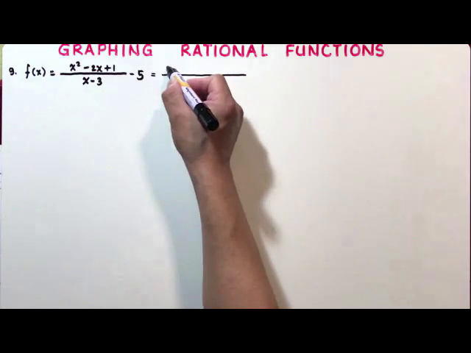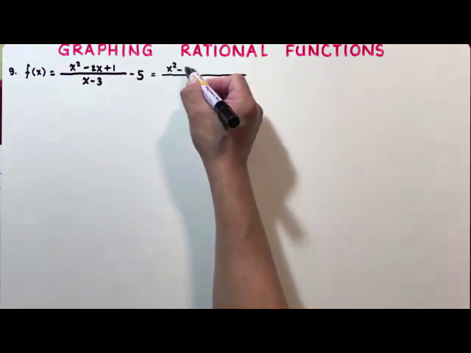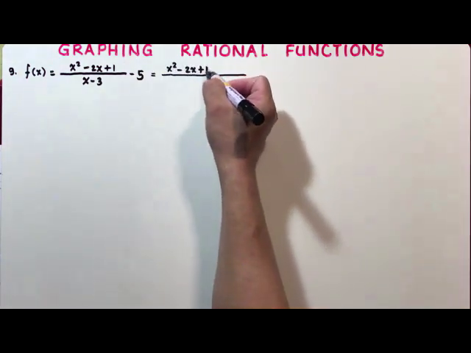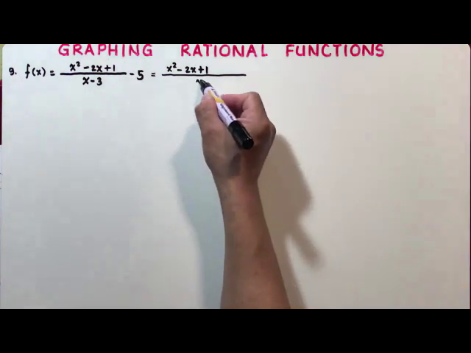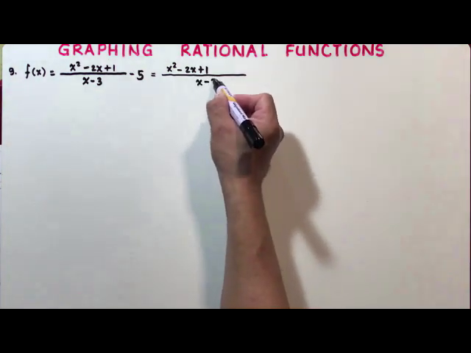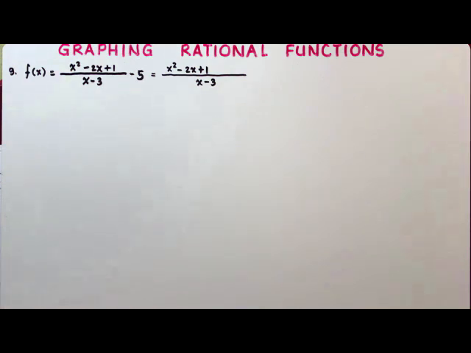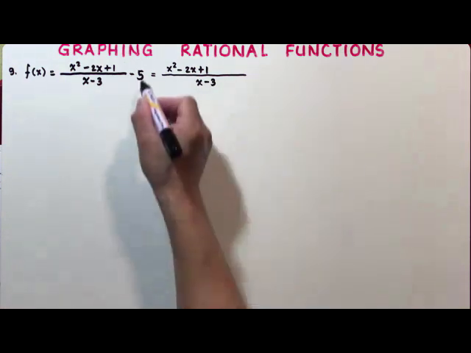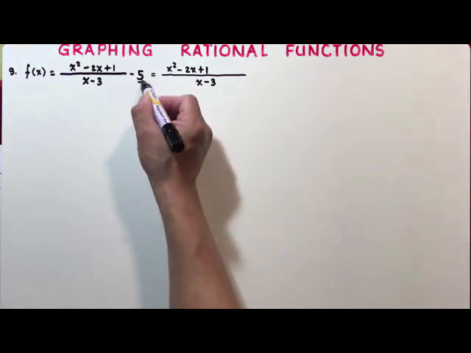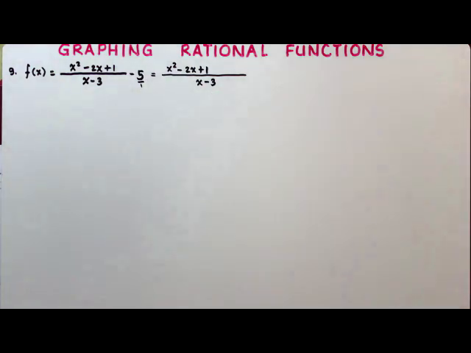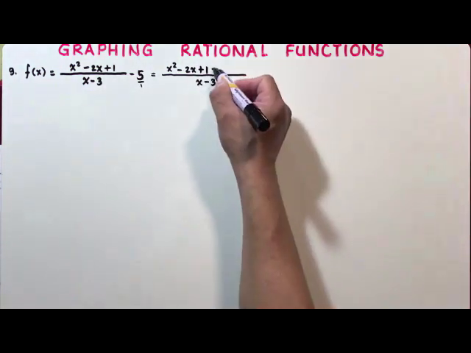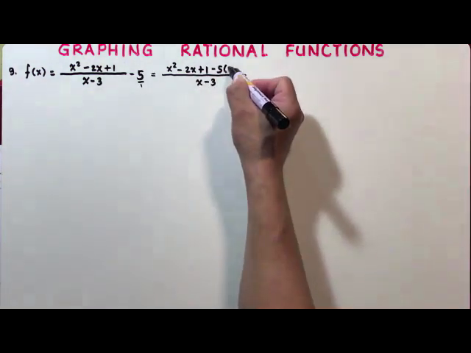So we have x squared minus 2x plus 1, and our LCD is x minus 3, so that's the fraction. And since this is a constant, it's understood to have a denominator of 1. So x minus 3 divided by 1 is x minus 3, and that x minus 3 will be multiplied to the -5.